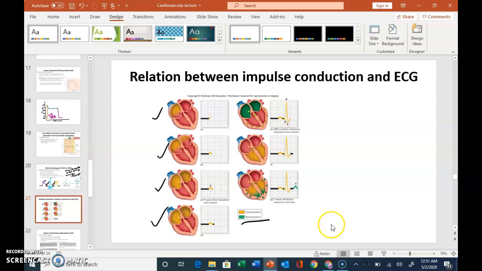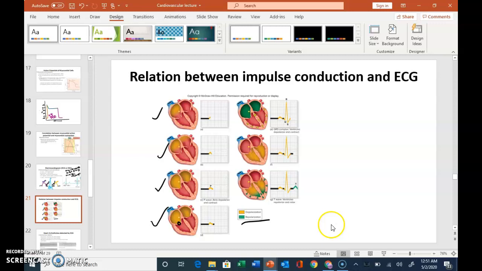The next picture is when the atria has depolarized, and then the AV node is actually holding the impulse for 0.1 to 0.2 seconds before it can let the action potential flow to the ventricle.